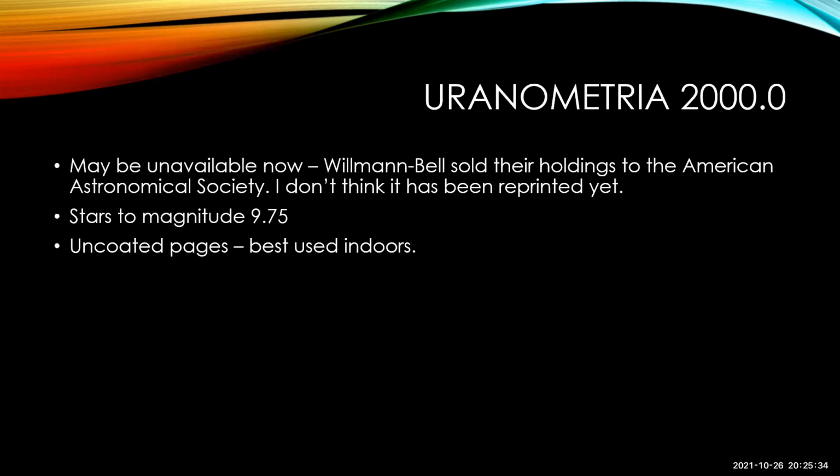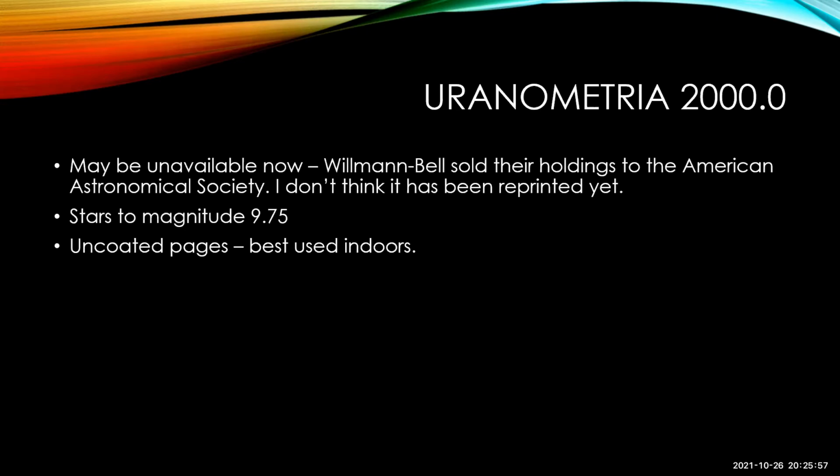So, the last one I want to talk about is one that's been around for many years, but it's not available right now. It's Uranometria 2000. This was published by Willmann-Bell Company up in Richmond, Virginia. They retired, and they have just sold all their holdings to the American Astronomical Society.